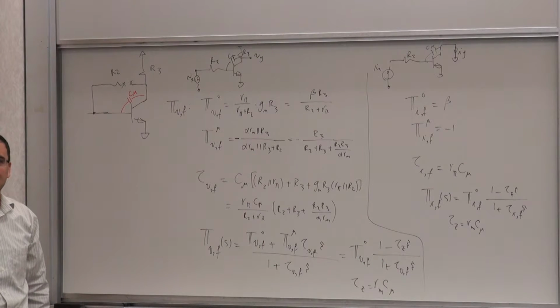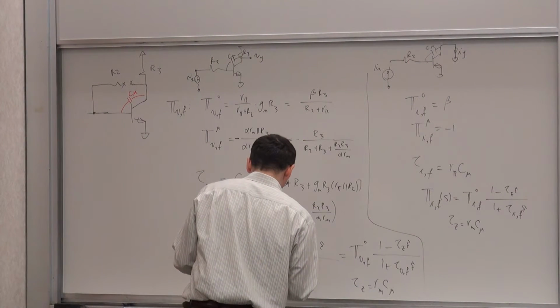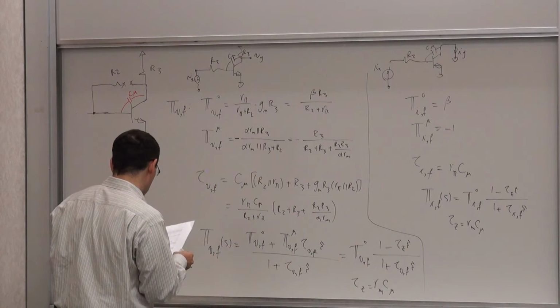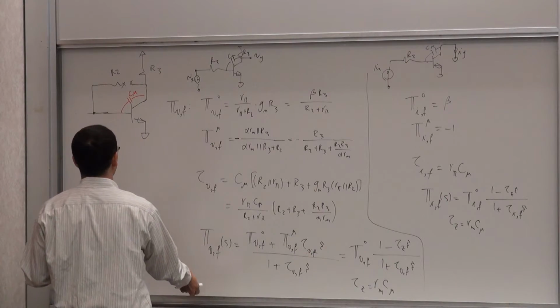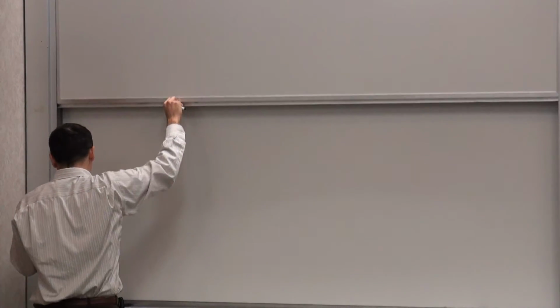It makes our lives a lot easier, because we are adding the reciprocals of these things, so that forms a common denominator. And then you have to determine the reverse loop gain. So these were the forwards. Now the reverse.